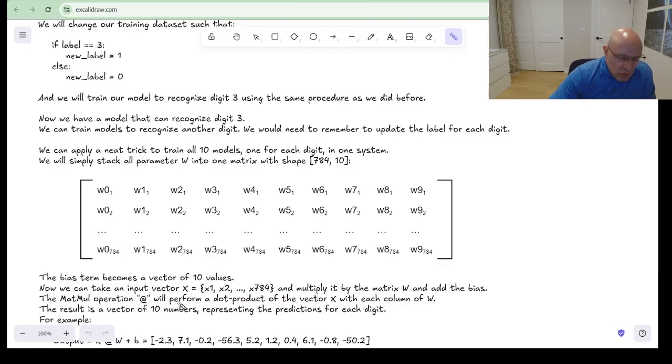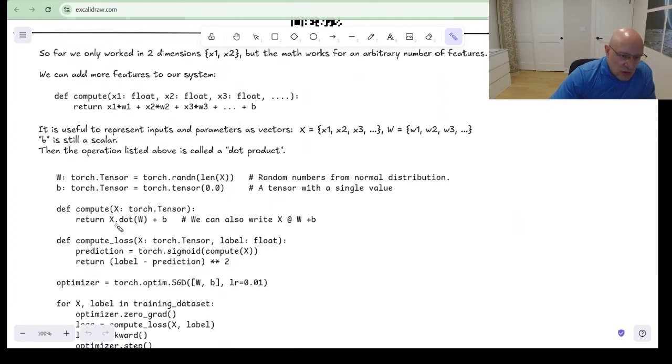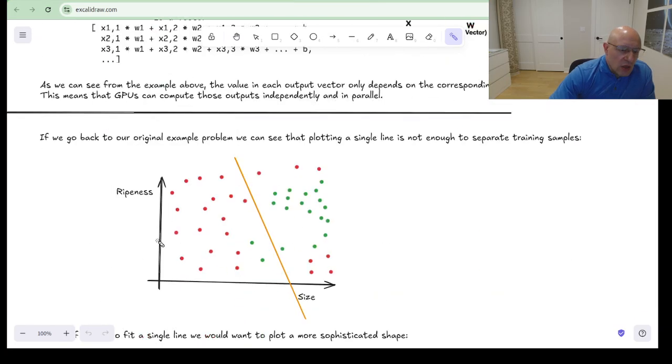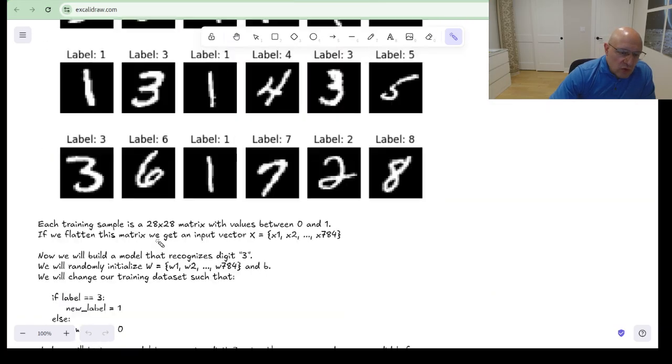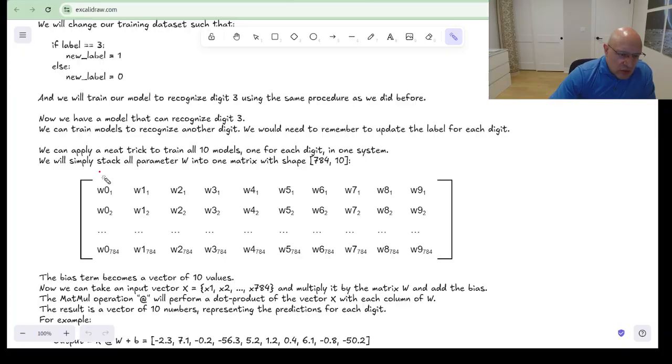We actually use it in our code here. We saw that we can use this notation or the x dot function. If we use it in PyTorch, it will perform the dot product with each individual column of the weight matrix, and it will give us 10 answers.